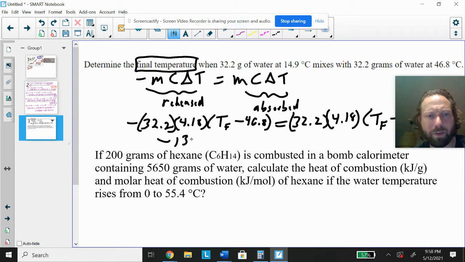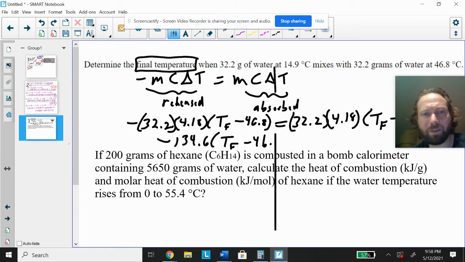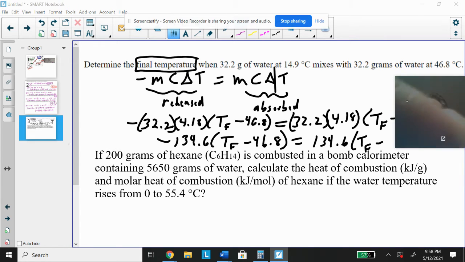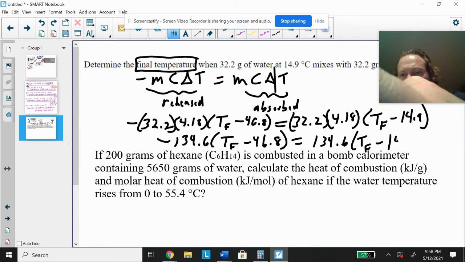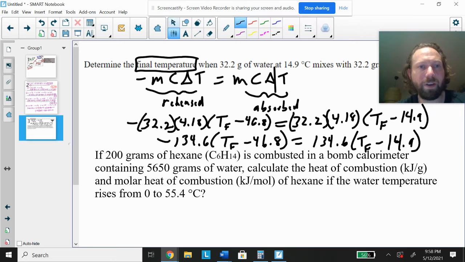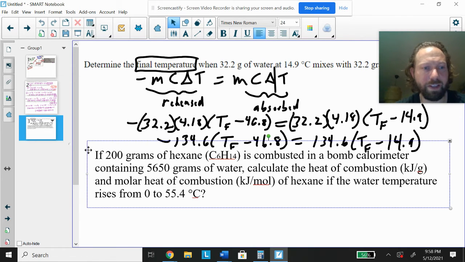So negative 134.6 times (TF minus 46.8) is equal to, and then again it's 32.2 times 4.18, so it's 134.6 times (TF minus 14.9).